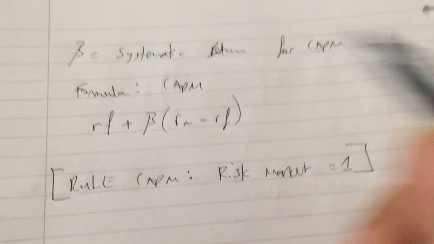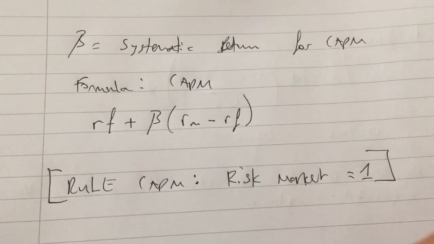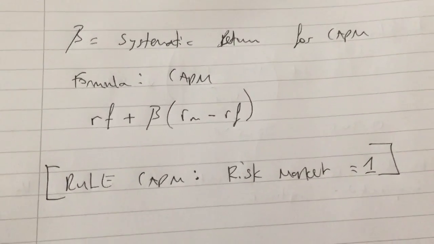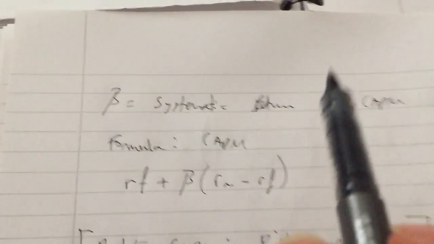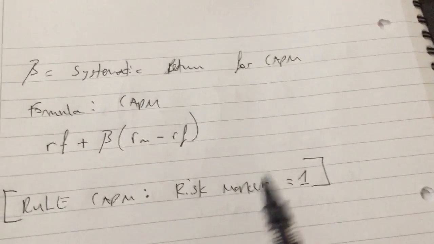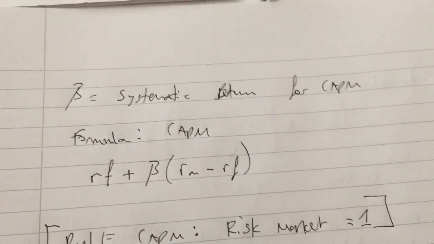Only for CAPM. Before, they gave us different risks for the market, like market risk was 4% or whatever. But for seminar 8, because we're looking at CAPM, the risk of the market is 1.